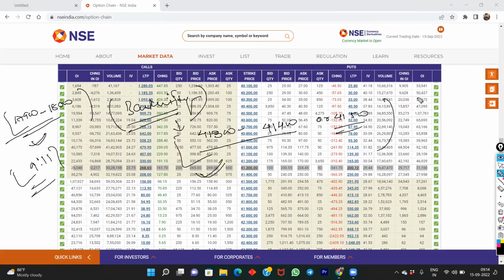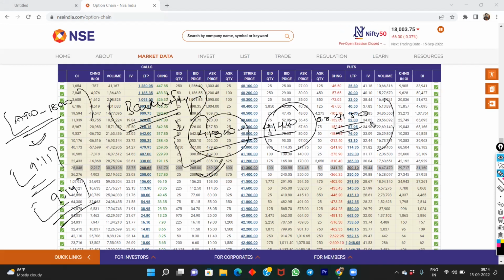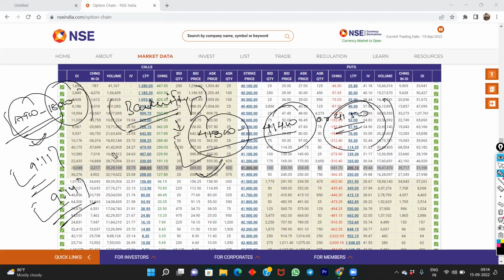If you are able to see the time, it is currently 9:14 and only a few seconds are left for the market to open. So let's see at which strike price Bank Nifty or Nifty is opening. Our prediction is for Nifty 17,900 to 18,000, and for Bank Nifty 41,300 to 41,400.